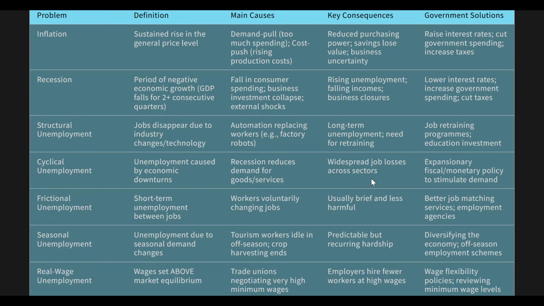Seasonal unemployment is unemployment due to it being a particular time of the year. Hotels get that a lot. So during vacation times, hotels would be packed with staff. But outside of vacation time, when there's fewer persons in the hotel, a lot of staff might get sent home temporarily.